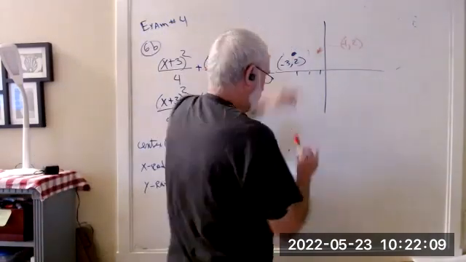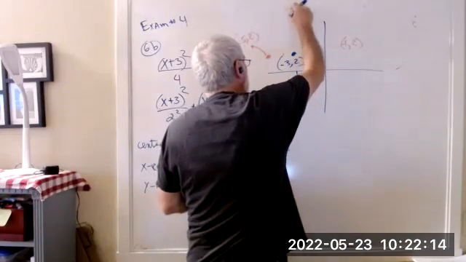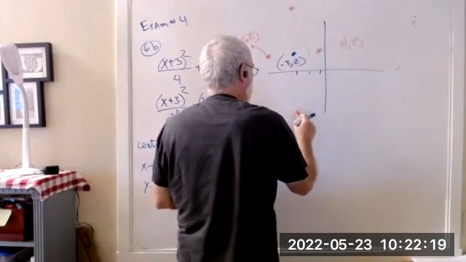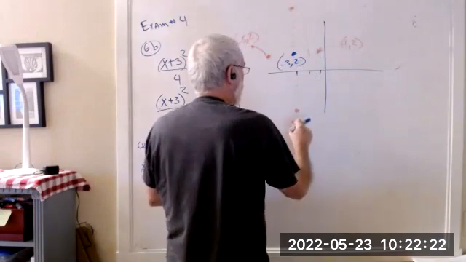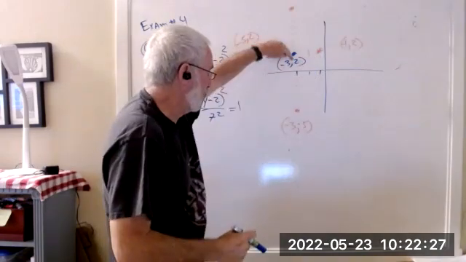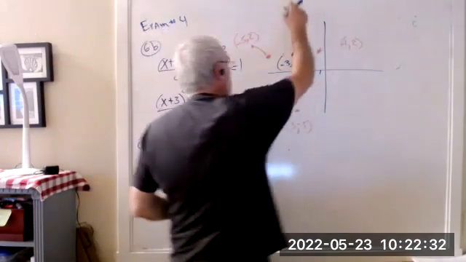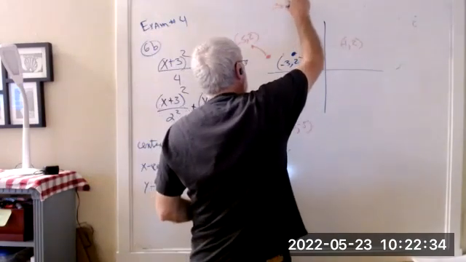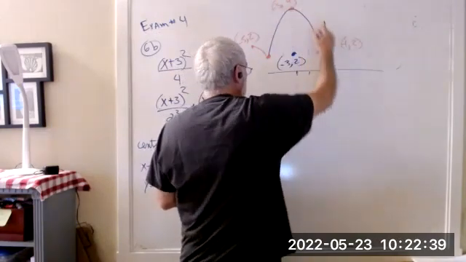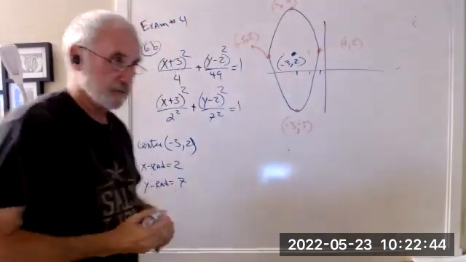If I go up 7 or down 7, this point would be negative 3, comma negative 5, because I had 2 down 7. 2 take away 7 is negative 5. This would be negative 3, comma 9 up here. And all that's left for me to do is connect the dots and make a nice pretty ellipse. And that was it.